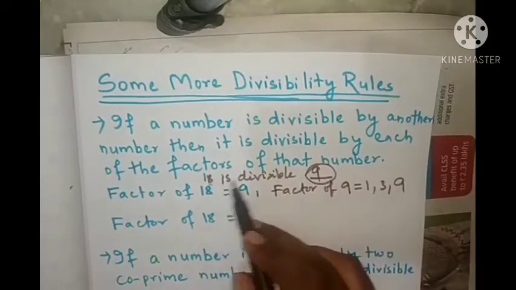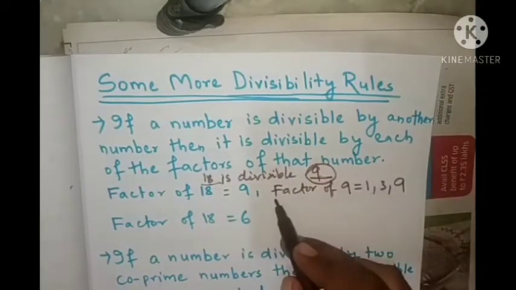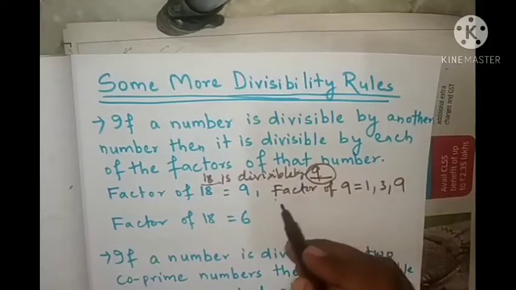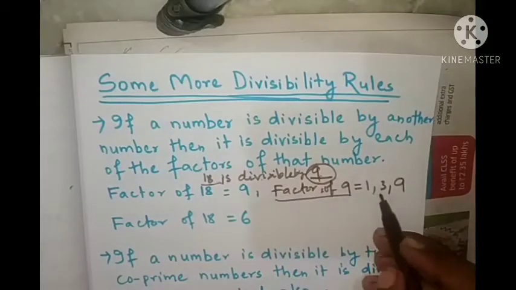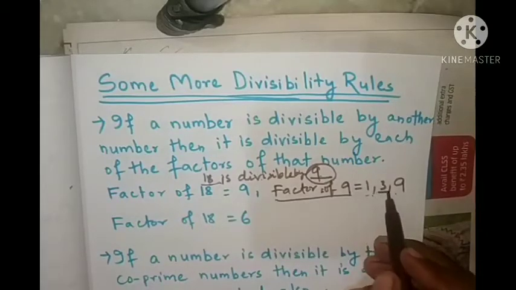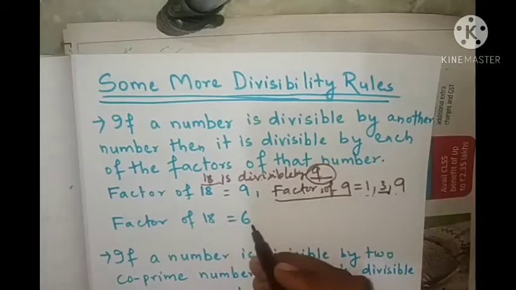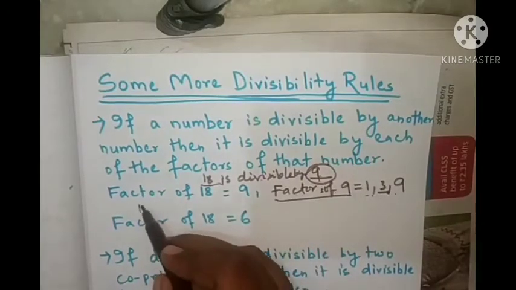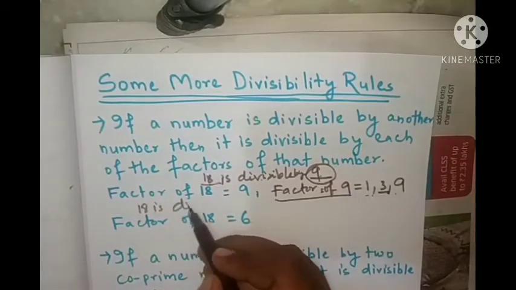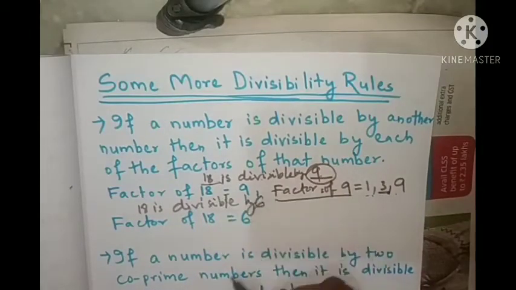So 18 is divisible by 9. 18 is also divisible by factors of 9, those are 3 and 1. So 18 is divisible by 3 also. Next, 18 is divisible by 6.